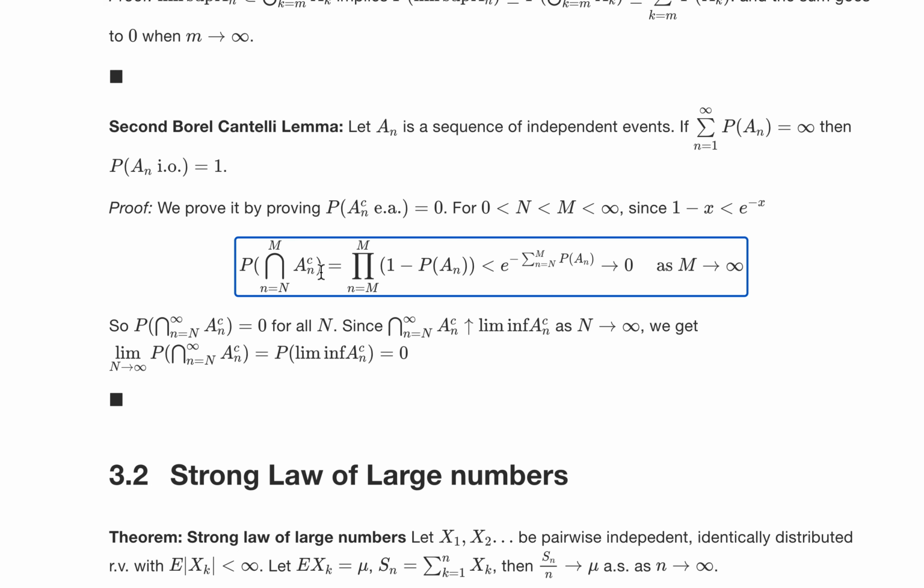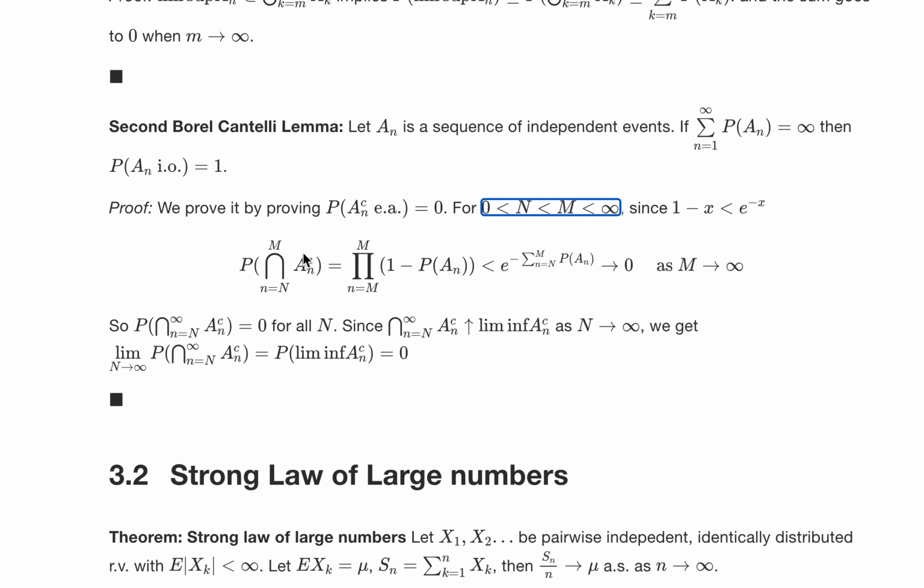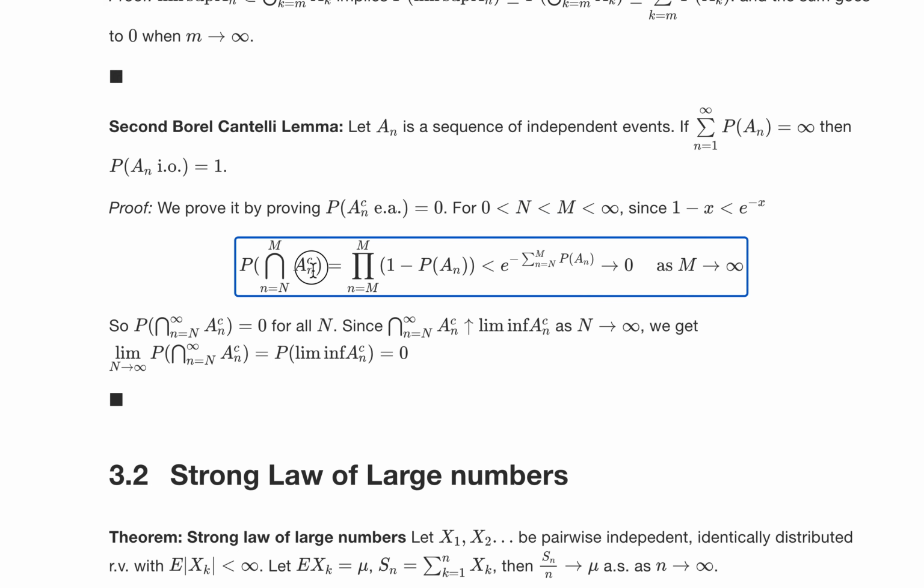So for that n and m, consider the probability of the intersection of A_k complement from capital N to M. Because the A_n are independent, the A_n complements are also independent of each other. We didn't mention that earlier. It would go through a little bit more about pi-lambda systems and how a pi system generates a lambda system.